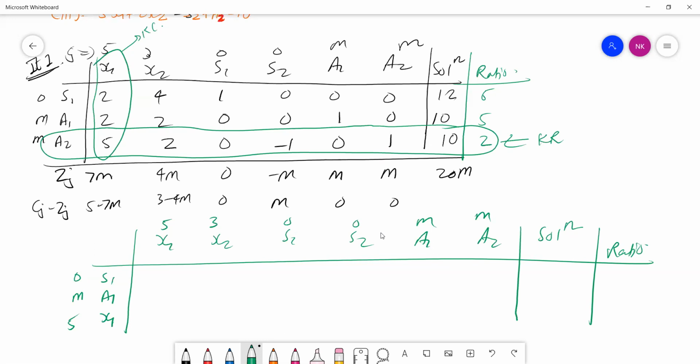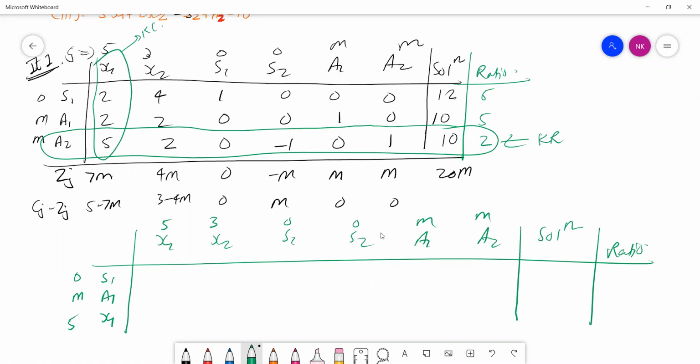Okay, if anybody can help me get the values, please help me get the values of all the rows so that I can quickly write it.